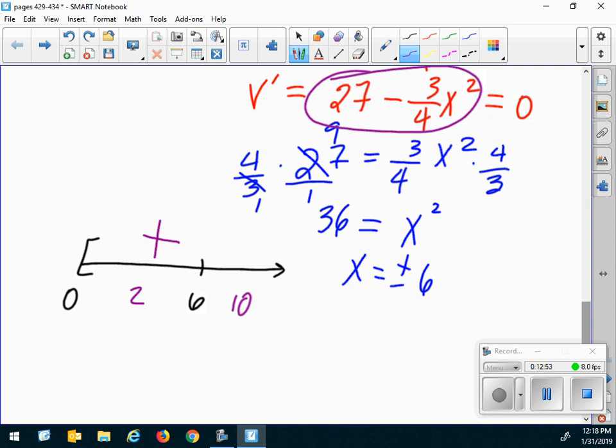If x is 10, 10 squared is 100 times 3/4, 75. 27 minus 75 is negative. Is x equals 6 a maximum? Yes.